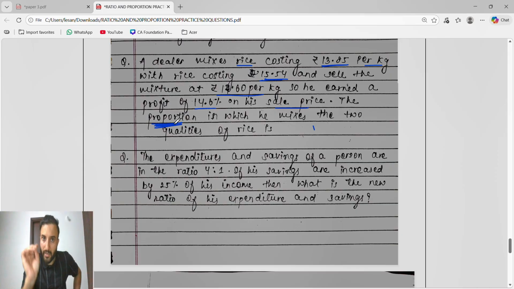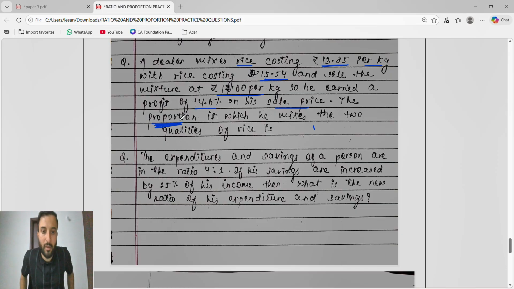Understand one thing. In proportion, this is the only type of question where they give the cost of one quantity, the cost of the other quantity, then the mixture, and you have to find the proportion. We already did the previous two sums, correct?